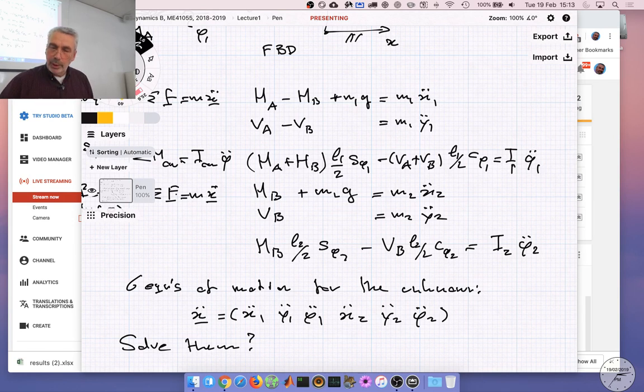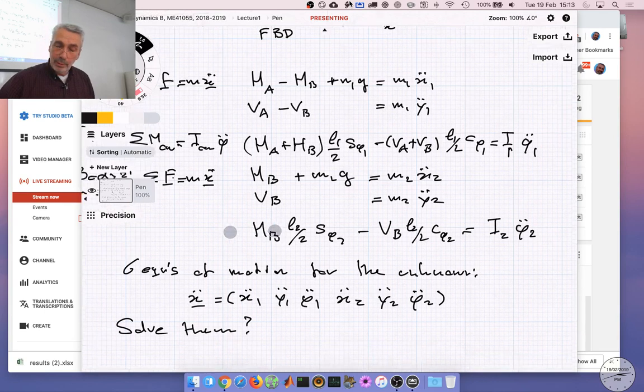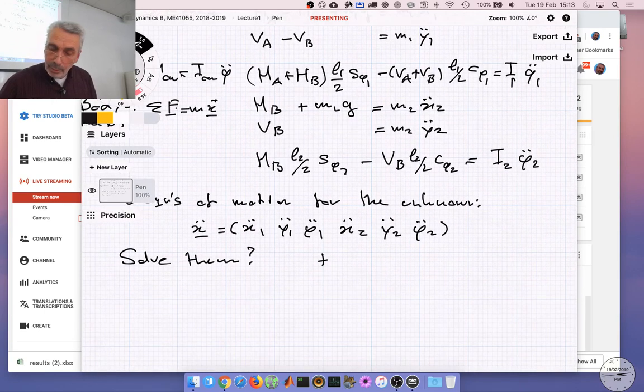So we have 6 equations, and our unknowns are not only the accelerations, but the accelerations and the joint forces. Joint forces are unknown.